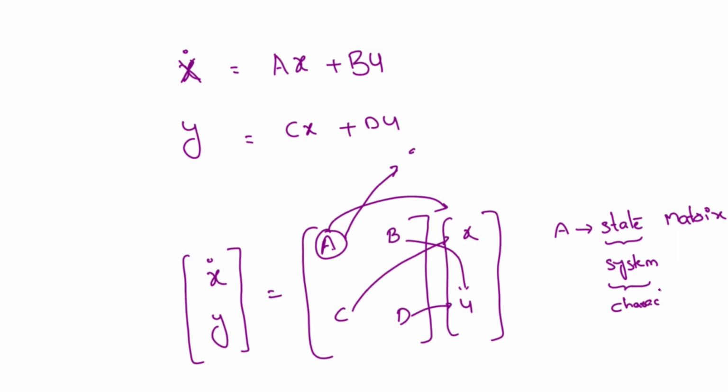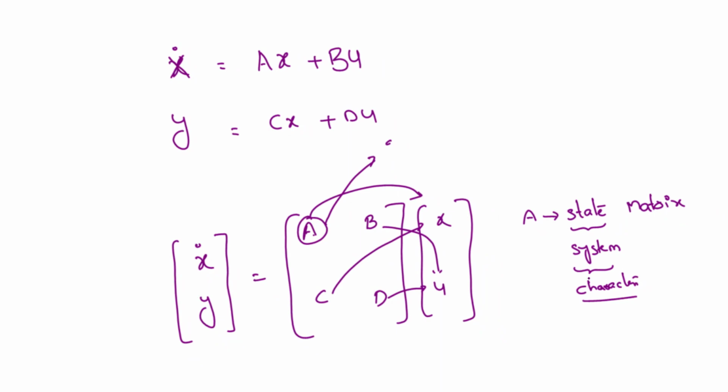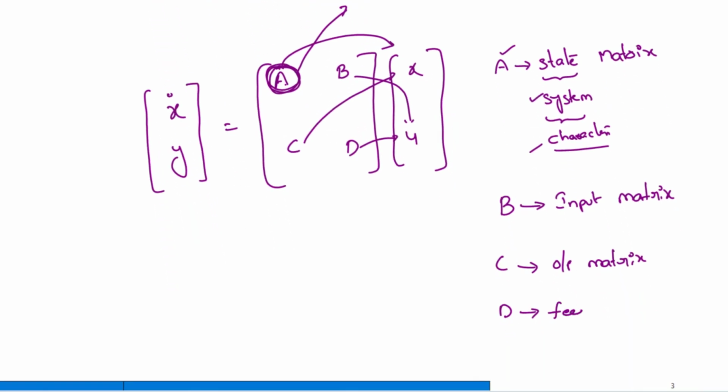The entire system depends upon the A matrix. So A is the state matrix or system matrix or characteristics matrix. B is the input matrix. C is the output matrix, all the output parameters lie in C, and D is the feed forward matrix.